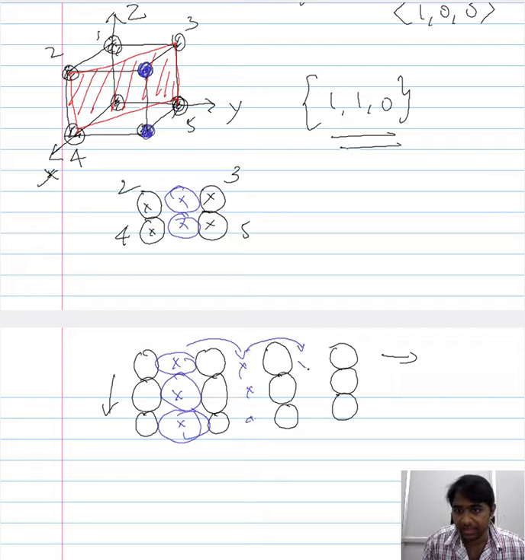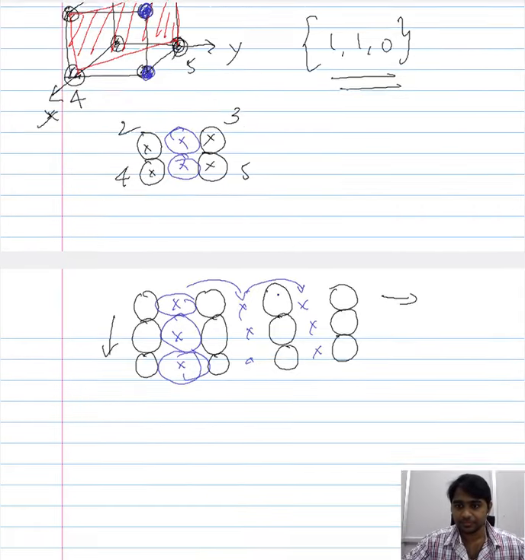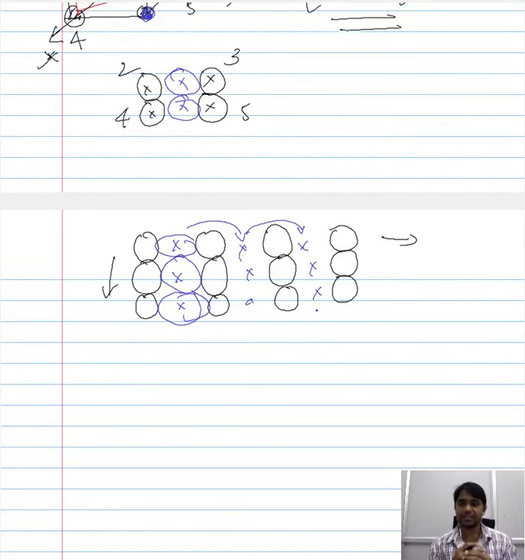This would be the positions of the atoms in the next layer when you consider the family of 1, 1, 0 planes. Now this stacking considers two different sets of atoms, or the positions of the atoms are different in each of these layers. In the first layer you have a definite position, and in the second layer you have a different position.